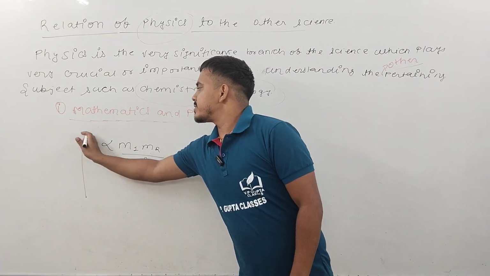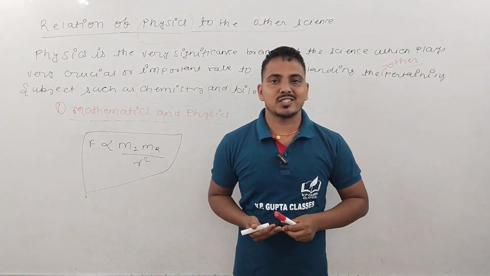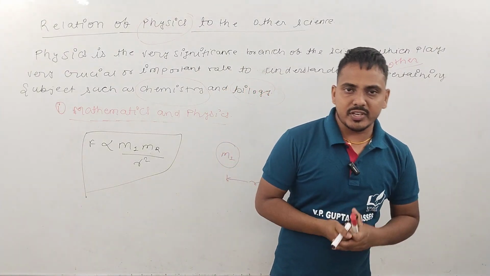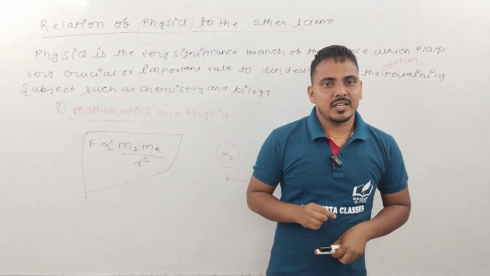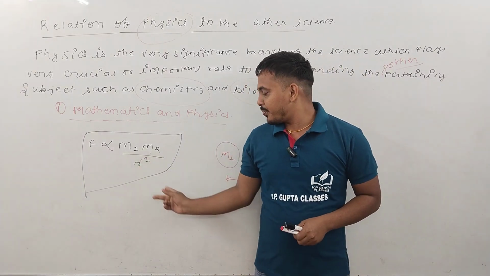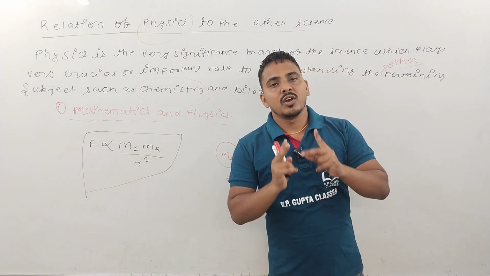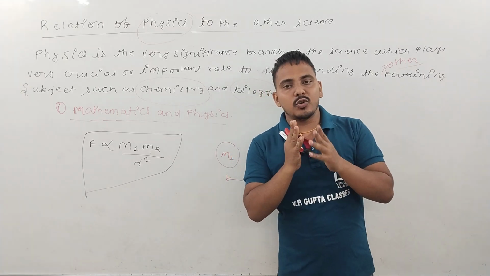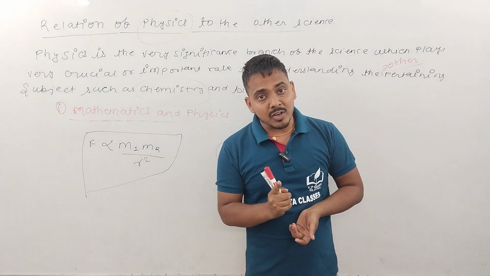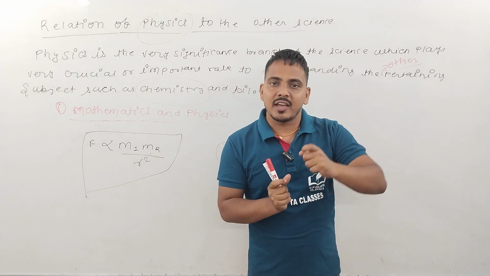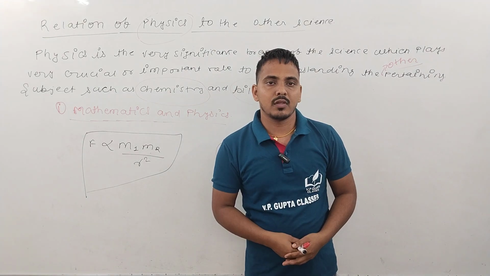Okay, this is the mathematical term, which we speak in the language of physics. That is a very long language. The attractive force between two masses is directly proportional to the product of their masses and inversely proportional to the square of the distance between them.